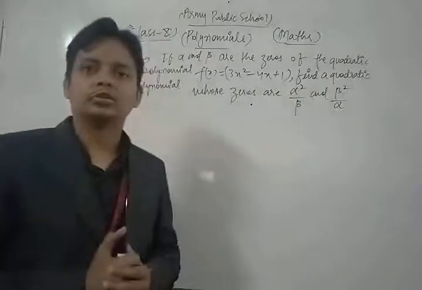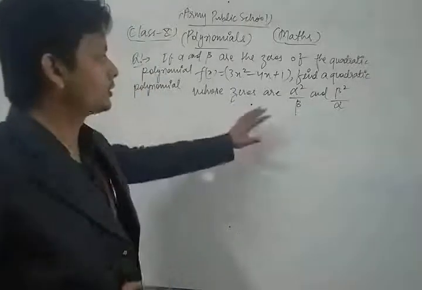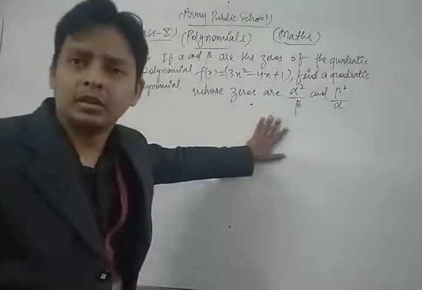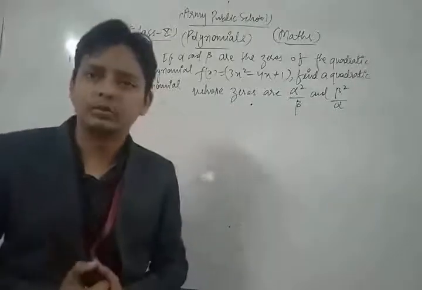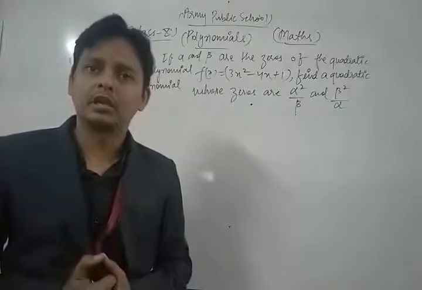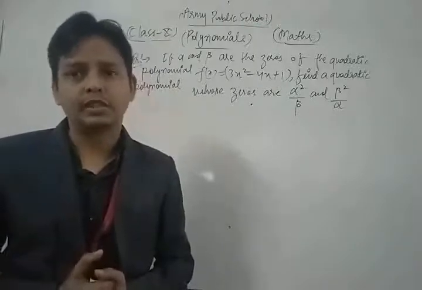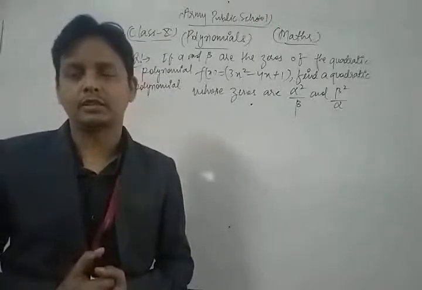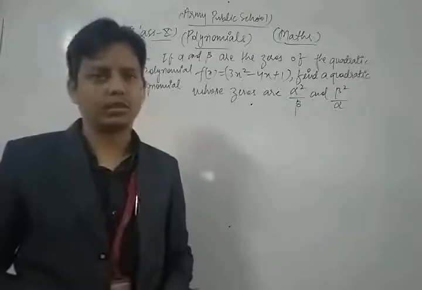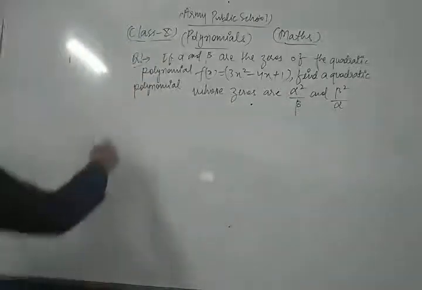Okay, student, so this is the question. This is one of the most important questions of your syllabus. So please do more and more practice of this type of question. After that, you can solve each and every question of your NCERT exercise. Okay, now let's see its solution.